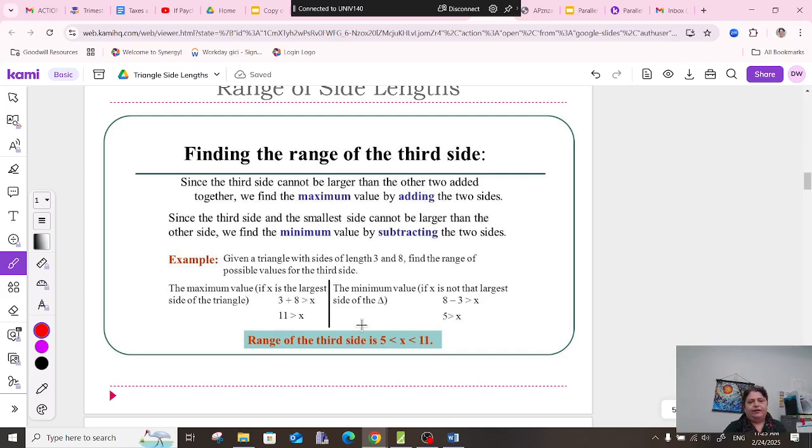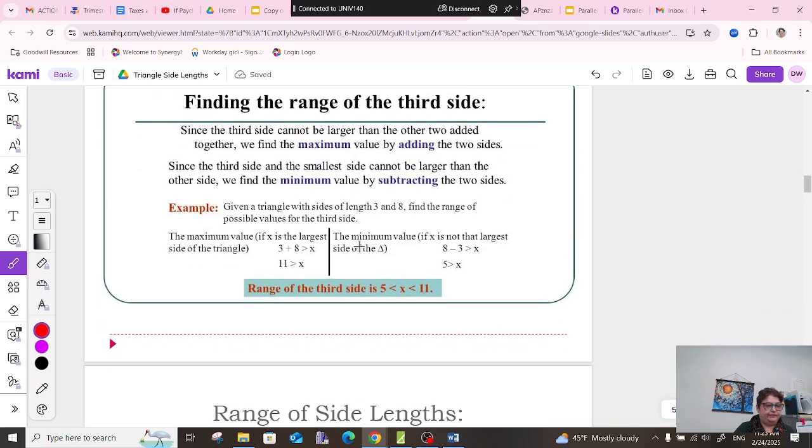And this is how you do it. Since the third side cannot be larger than the other two added together, you can find a maximum by adding the two sides together. Since the third side and the small side cannot be larger than the other side, we find the minimum by subtracting the two sides. And I'm going to show you how to do that.